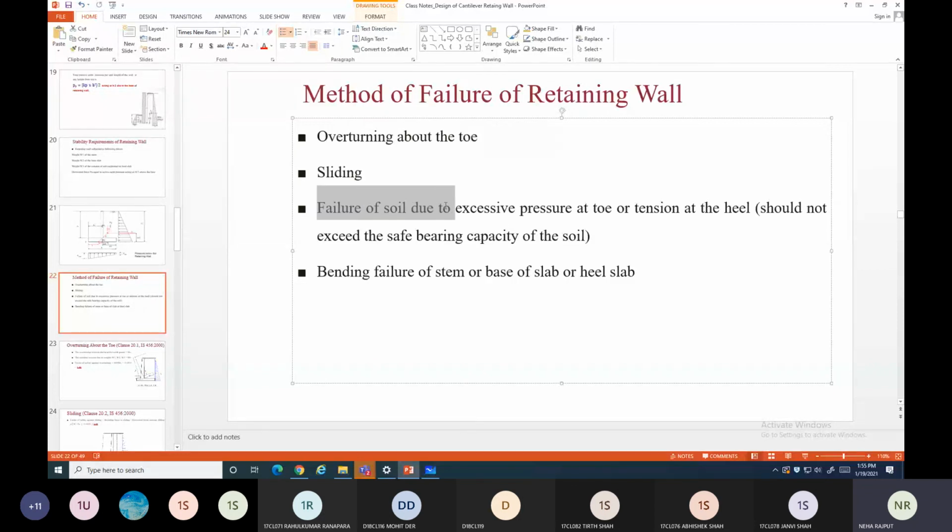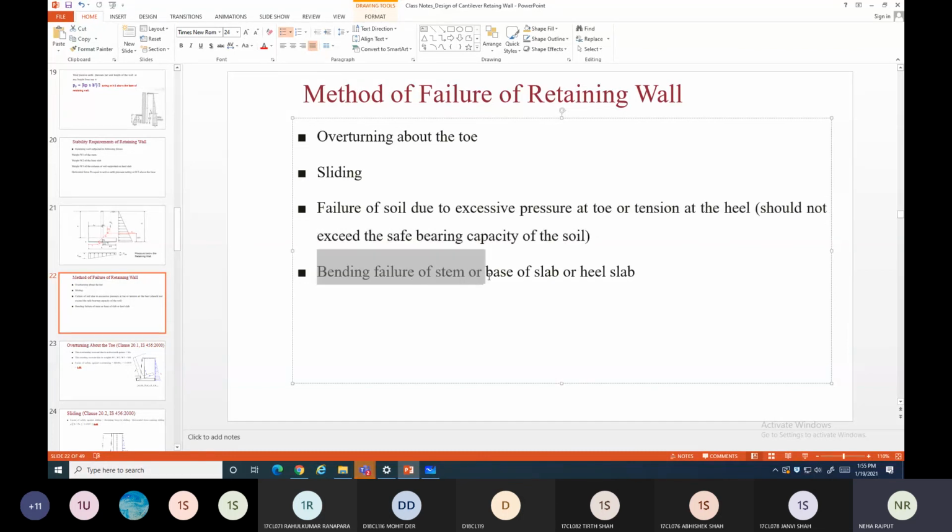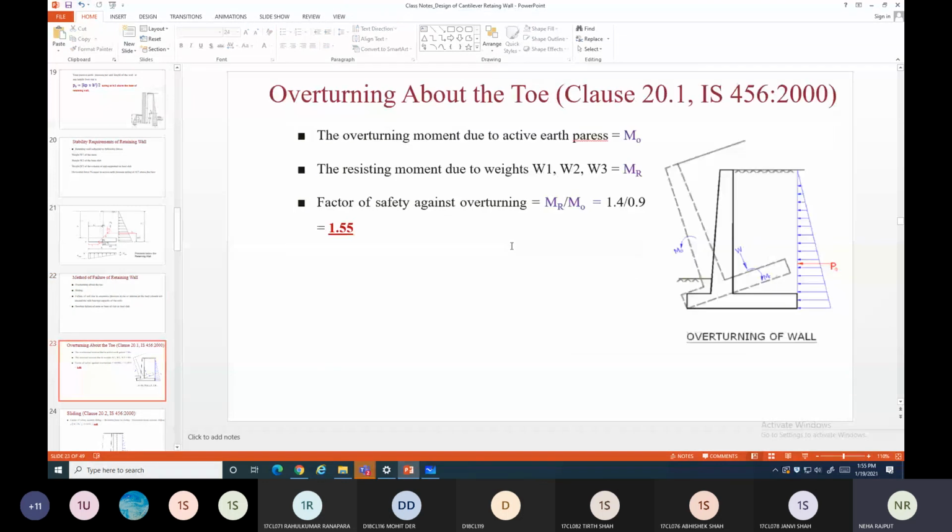Third is failure of soil, that is the uplift pressure. Whatever uplift pressure is there, the pressure should not exceed the safe bearing capacity of soil. That is the obvious reason, that uplift pressure should always less than safe bearing capacity of soil. And fourth one, bending failure of stem, base slab and heel slab. That is, the slab, base slab, heel, toe or stem should not fail.